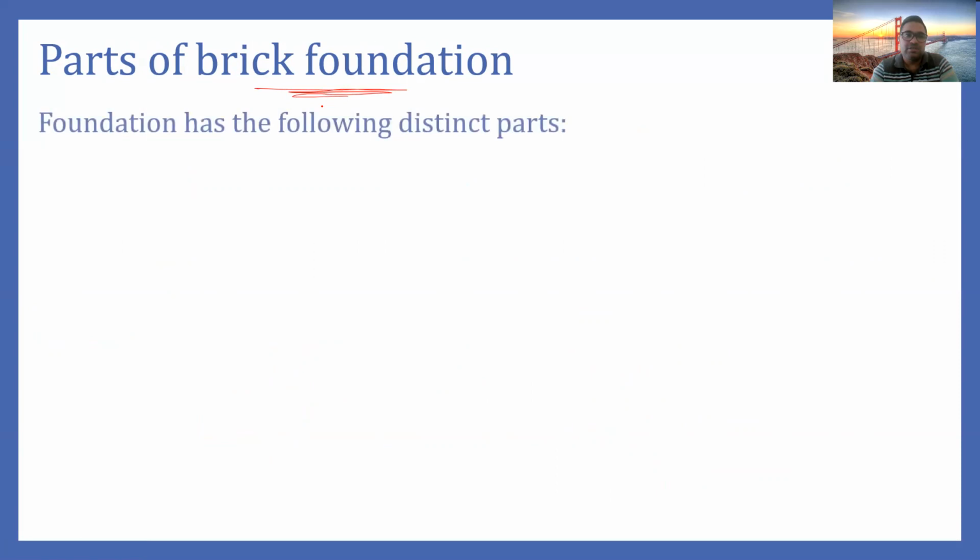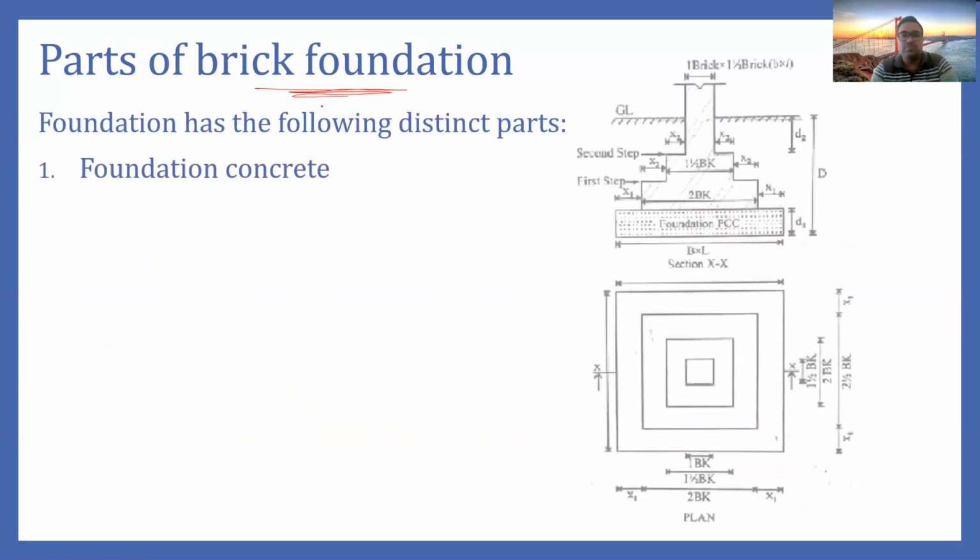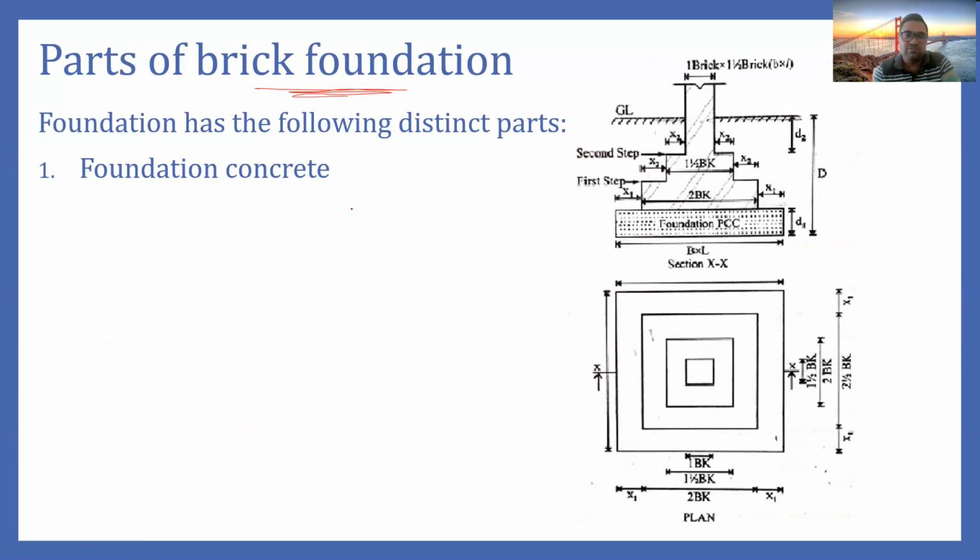So now coming to the brick foundation. Because in our lecture, we will be mainly focused on designing the brick masonry foundation. So here we will try to understand what are the main parts of the brick foundation. Basically the brick foundation consists of two main elements. One is the foundation concrete.